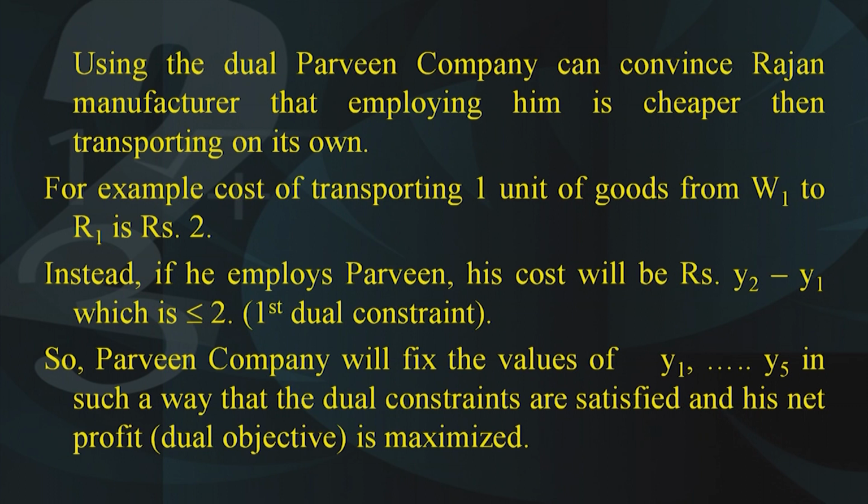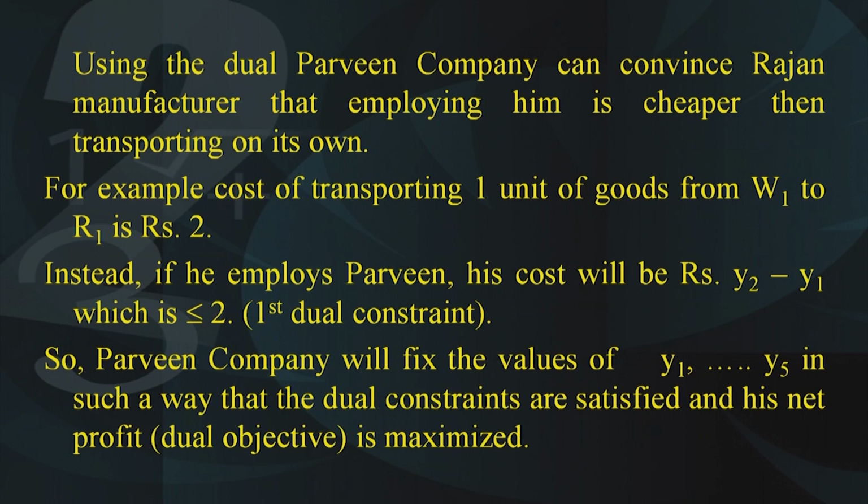Now, instead of doing this, if the Parveen company is employed, his cost will be rupees Y2 minus Y3, and which is less than or equal to 2. Why? Because it is the first dual constraint. Similarly, for the other entries of the table.